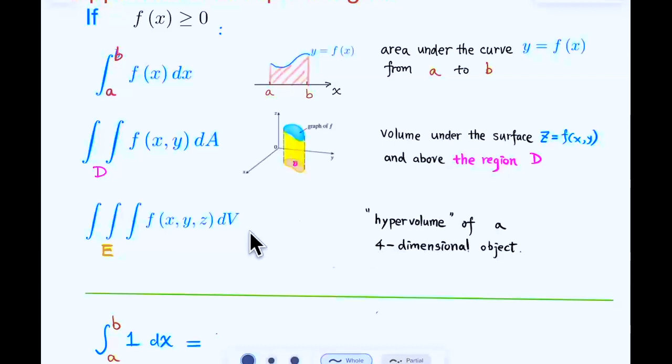But for you guys, I will suggest that you think about this function here maybe like a density function or temperature function. So you just need to add one more dimension to that. So think about either the density or the temperature for every point in the solid. I couldn't have a picture here because it requires 4 dimensions. So it's a hypervolume of a 4-dimensional object.